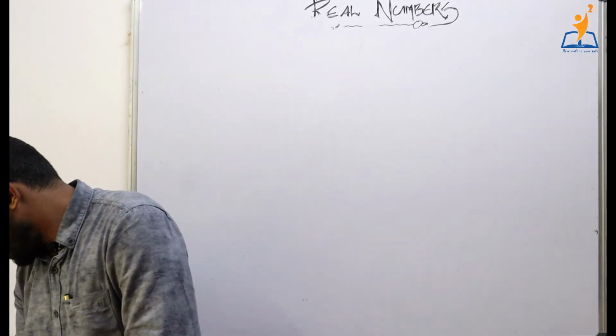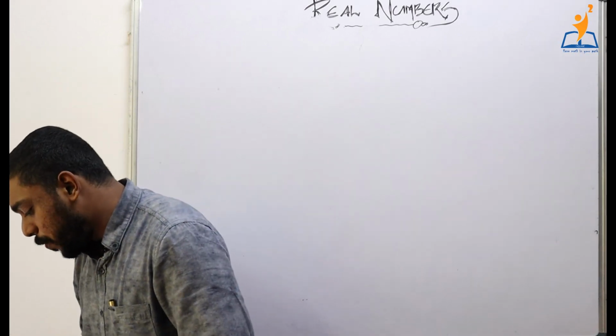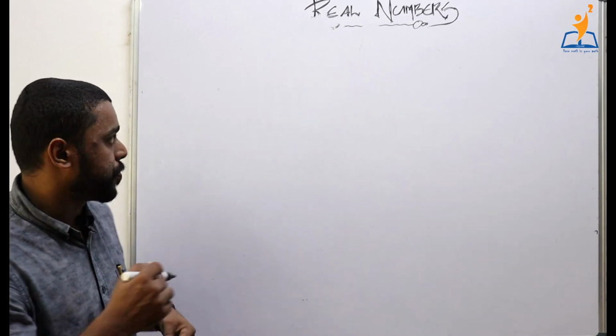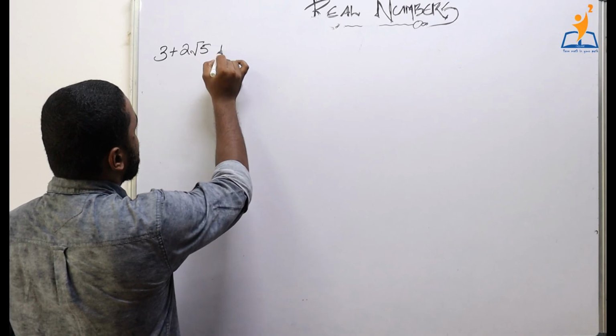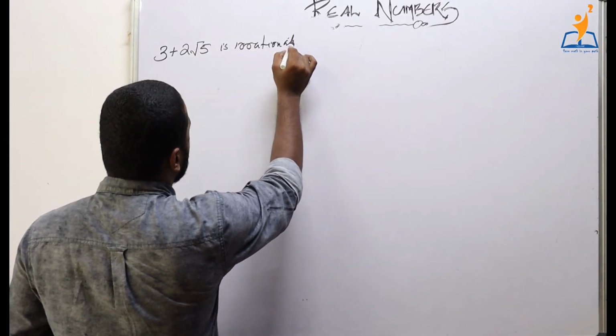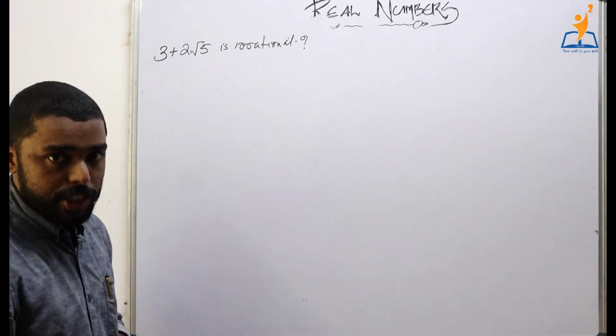The next question, example 2 of exercise 1.3. Prove that 3 plus 2 root 5 is irrational. This is what we want to prove. Suppose that 3 plus 2 root 5 is rational.